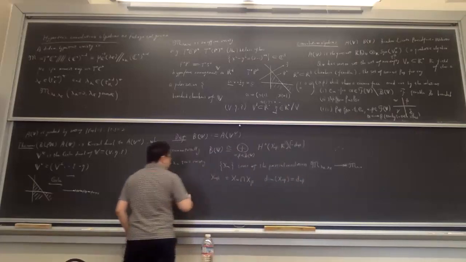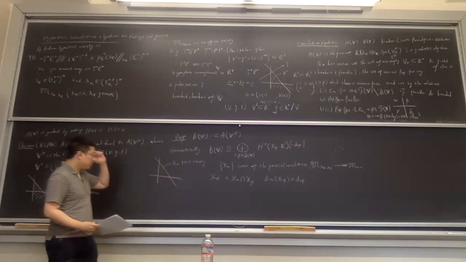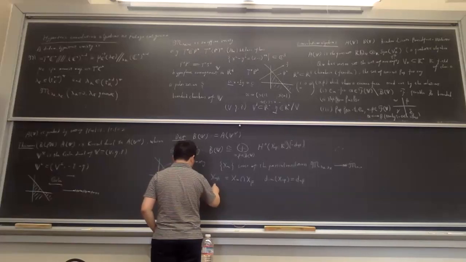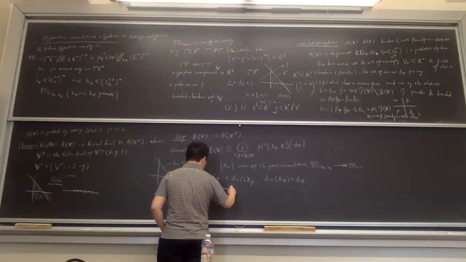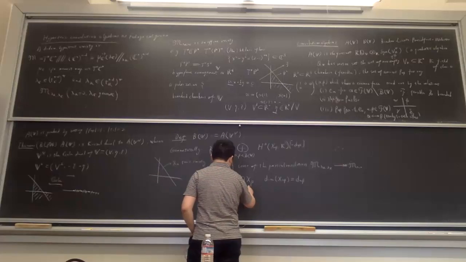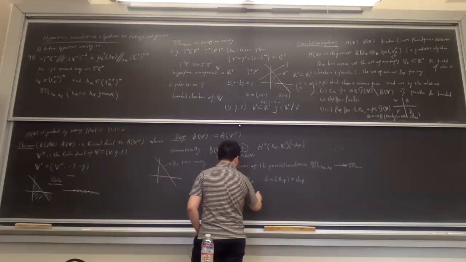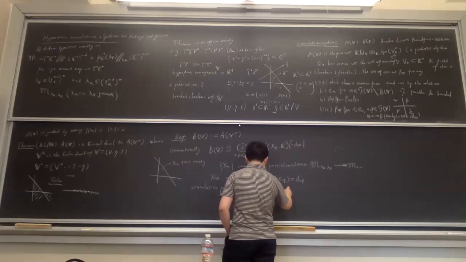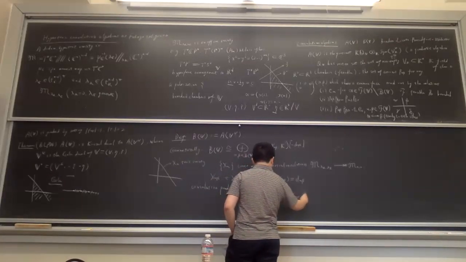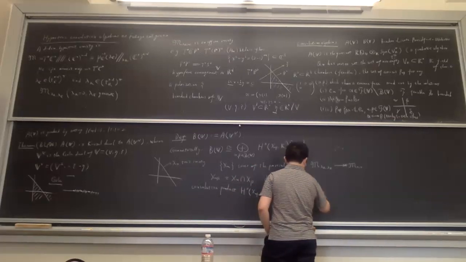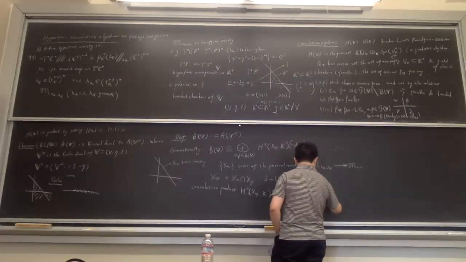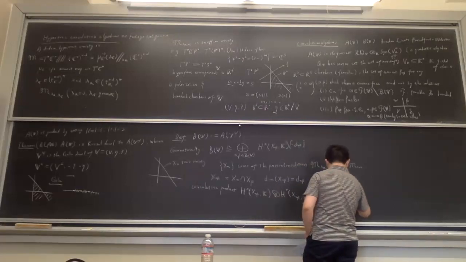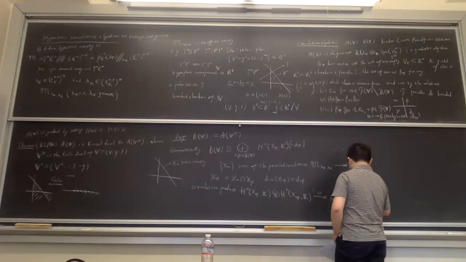So this direct sum of cohomologies can be equipped with the structure of a convolution product. You take, for example, X alpha beta, and you do cup product. And you do Poincare duality.